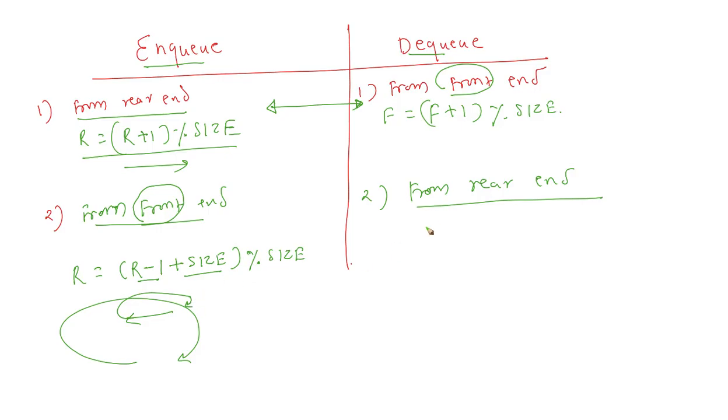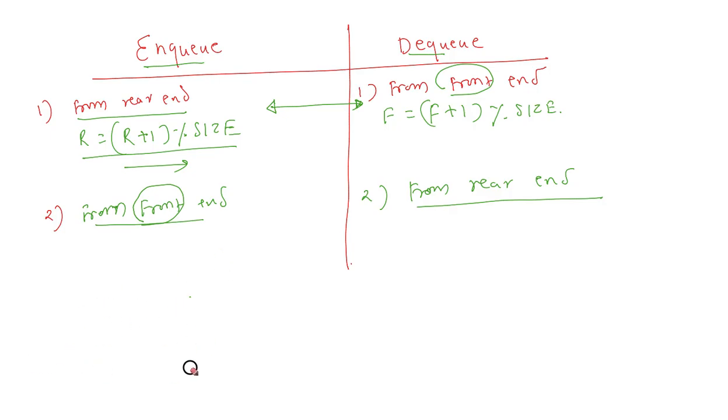Similarly, in order to perform dequeue from the rear end, I'm sorry, I made a mistake here. For enqueuing from the front end, let me show you. This is the queue. To enqueue from rear, we are going like this. To enqueue from front, if front is here, the next element will be inserted at this location.